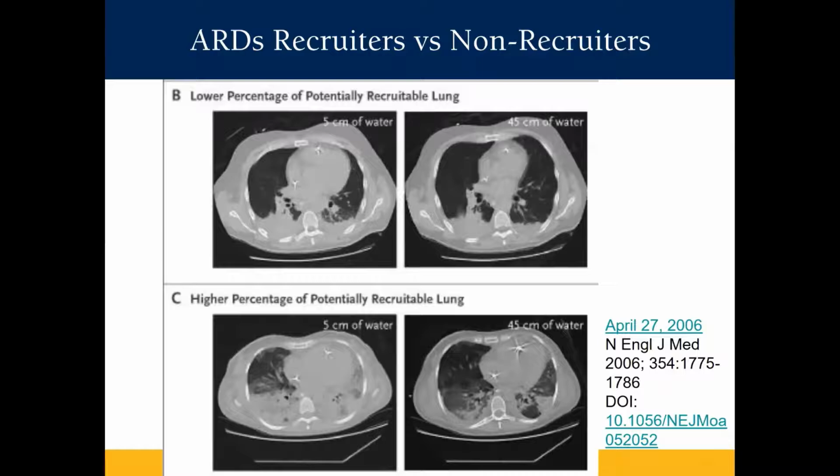Again, it's referring to if the patient is not recruitable or if the patient does have recruitable lungs. So people are now moving to the format where they're just talking about patients with COVID-19 as an ARDS picture.